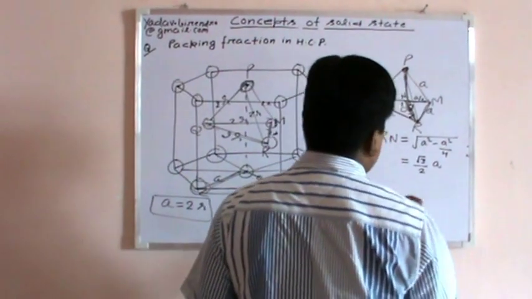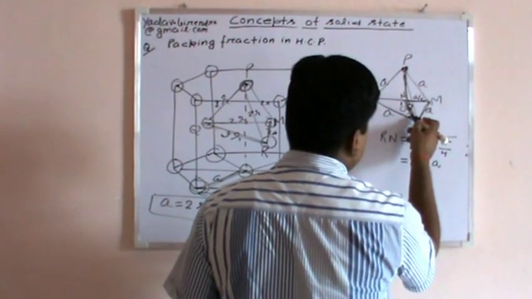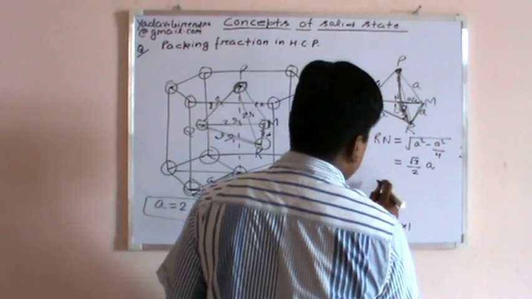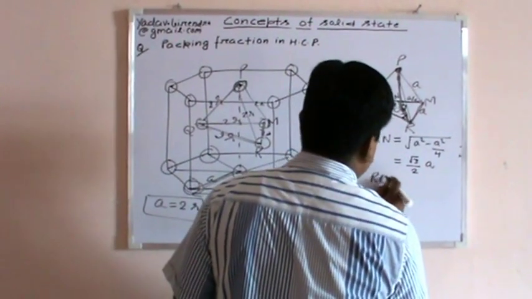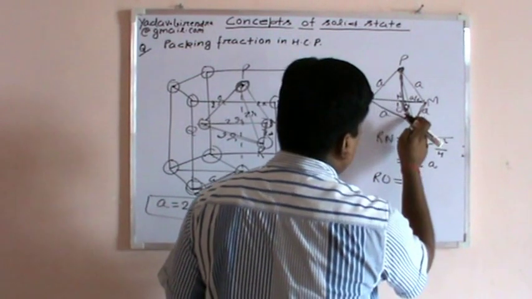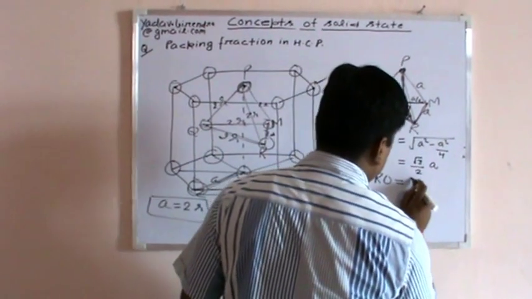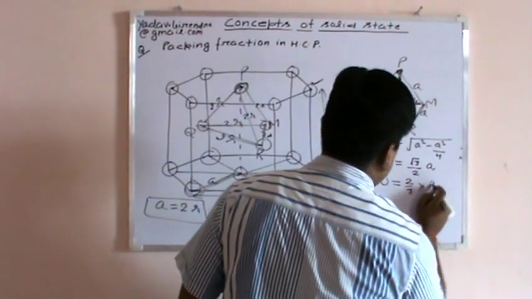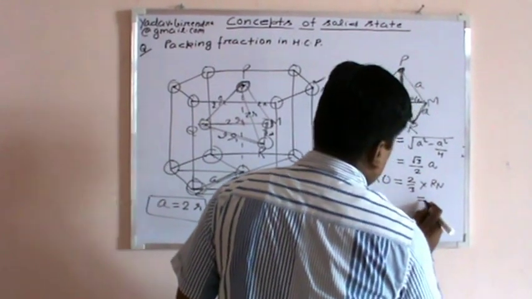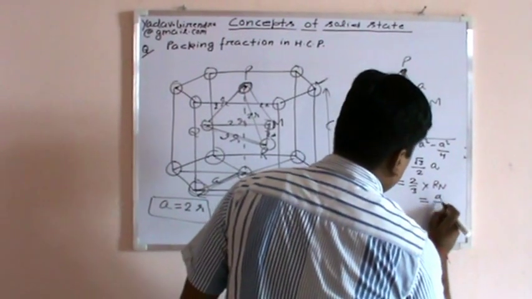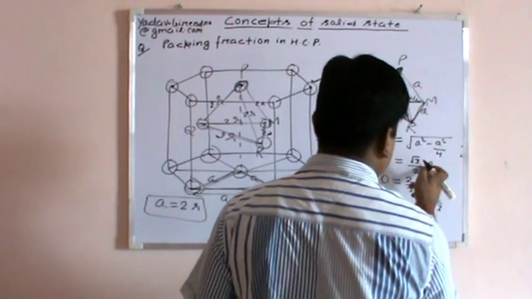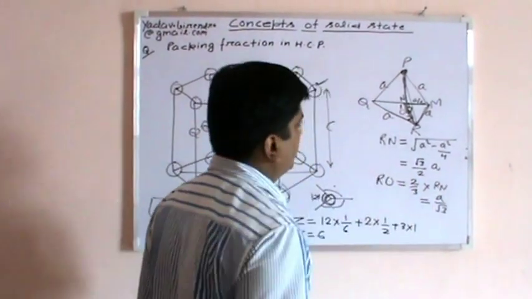Now since this is 2:1, we can get the length RO. It will be 2 by 3 of this total, 2 by 3 of RN. So it will be basically A by root 3. Now substitute here, we get this A by root 3.